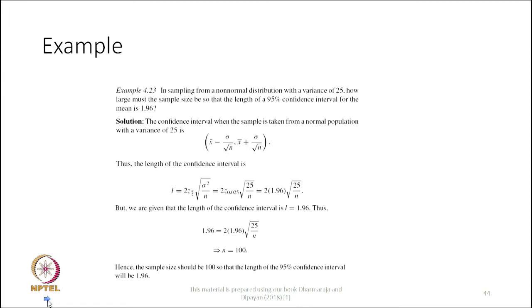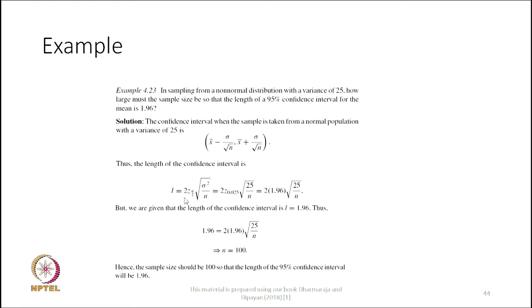So, you can easily compute the interval: x bar minus z alpha by 2 times sigma by root n, comma, x bar plus z alpha by 2 times sigma by root n.